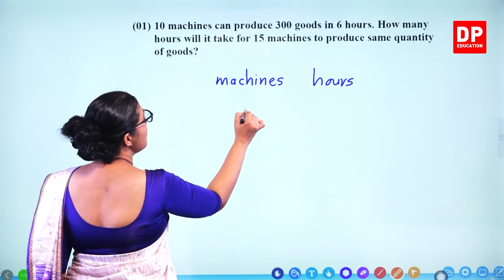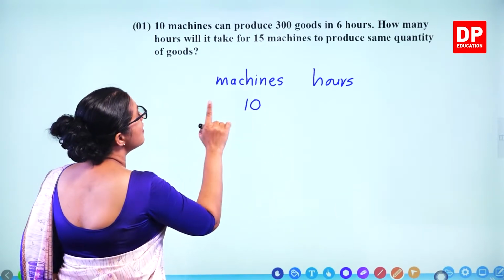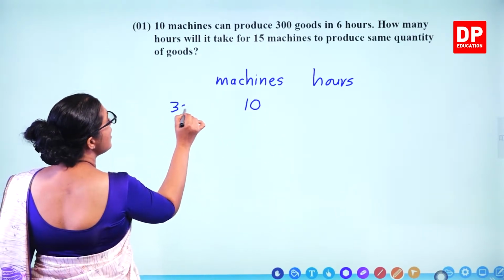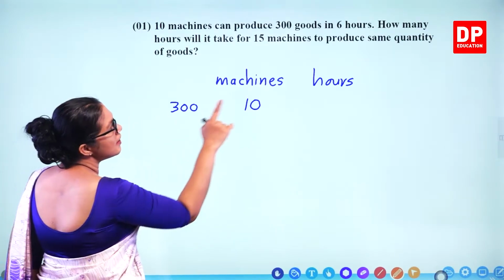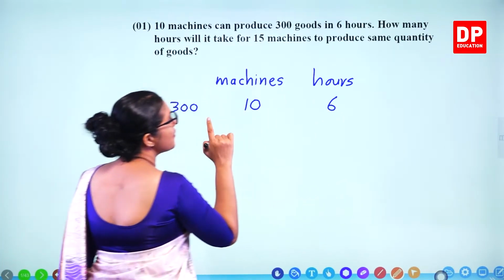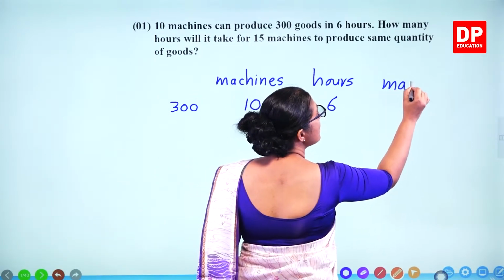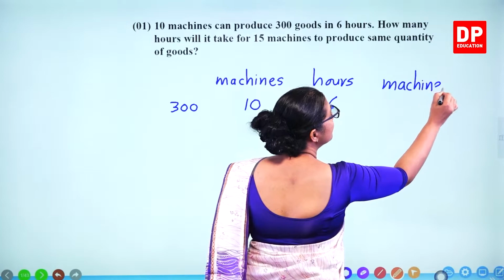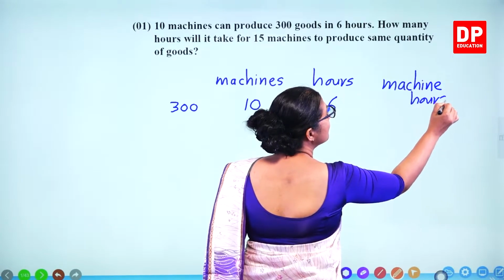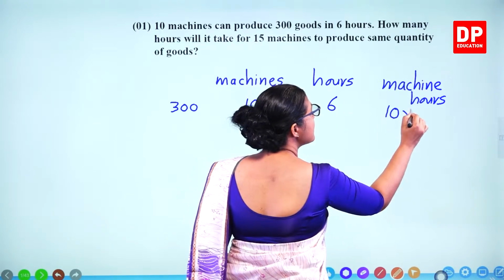So here 10 machines to produce 300 goods. It takes 6 hours. So how many machine hours you need? Machine hours, 10 times 6, that's 60.